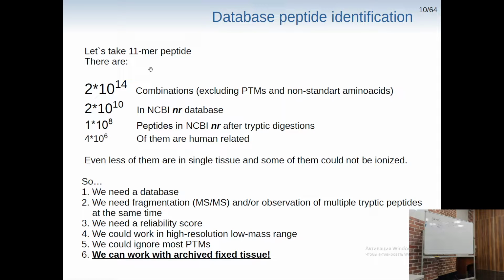If you have only 11-mer peptides, so there are 11 amino acids in this polypeptide, we have this many combinations. And this excludes any post-translational modifications or non-standard amino acids. As you can see, the size of this database is enormous.